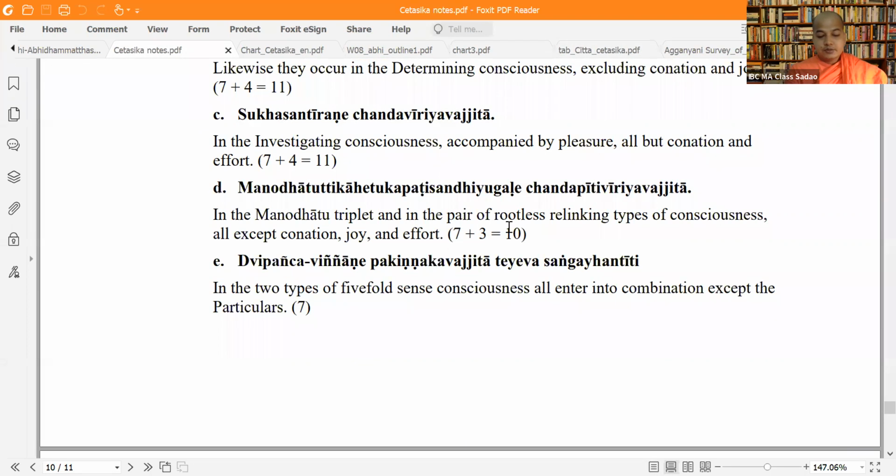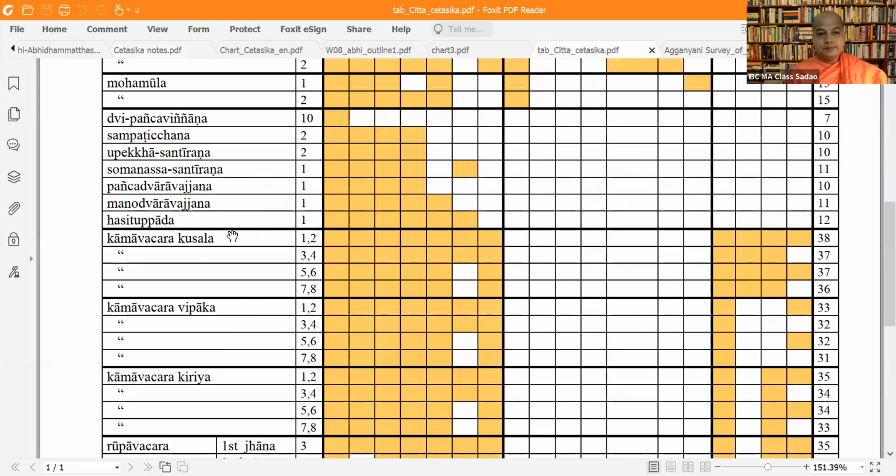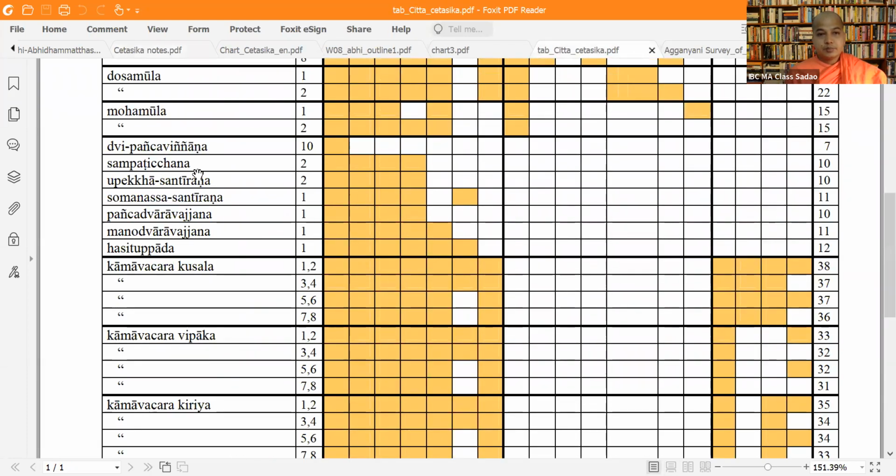Now there are 3 types of chittas where you have 10 mental factors arising. One is Panchadwara Vajjana, the other is Upekkhasahagata Santirana Chitta, the other is Sampaticchana Chitta. This is Sampaticchana Chitta.